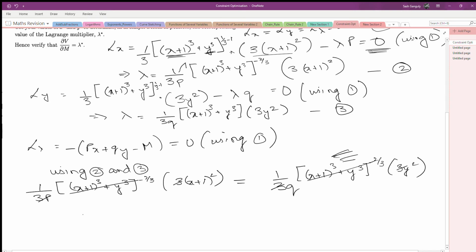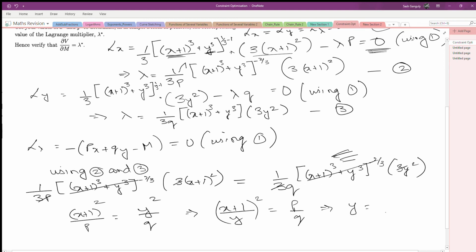So what I have left eventually is x plus 1 whole square by p is equal to y square by q, right? And this means that x plus 1 by y whole square is equal to p by q, which means that my y would be equal to under root of q by p times x plus 1, isn't it?